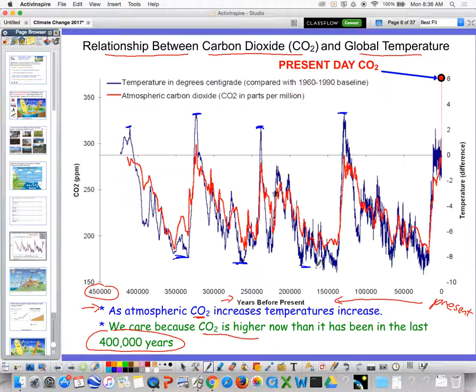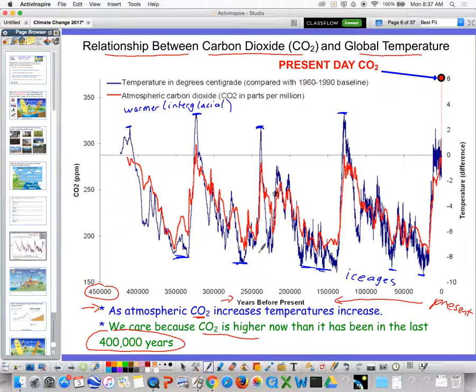These bottom sections right here are ice ages. All these low points are the ice ages, and these are the warmer periods, what we call the interglacial periods. Over the last 450,000 years, we have this nice cycle of warm, cold, warm, cold, warm, cold.